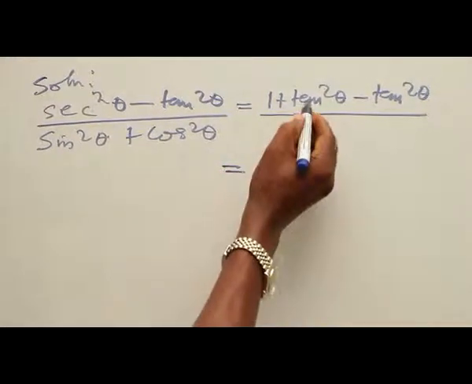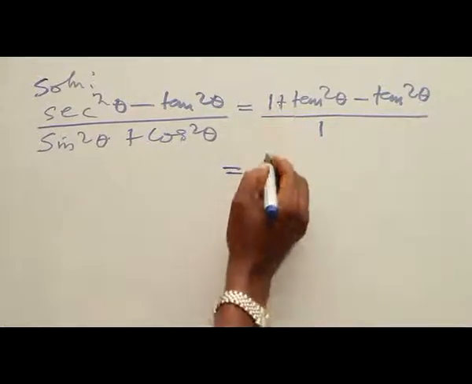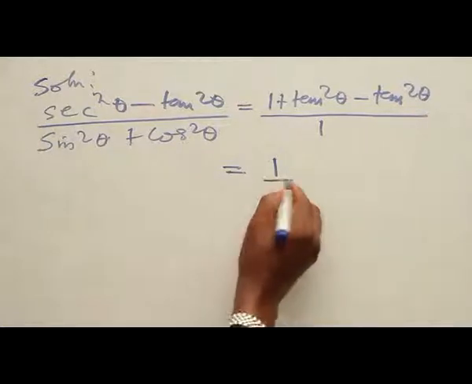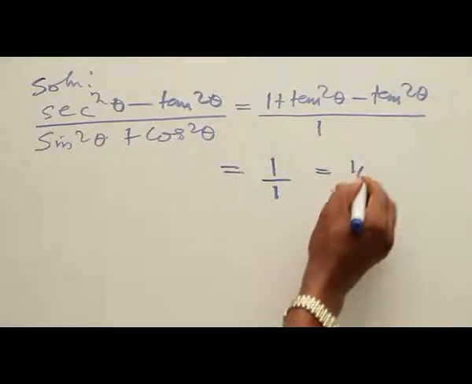Now this will give you 1 is there, tan square theta minus tan square theta is 0, so we have 1 over 1 and the value is equal to 1.